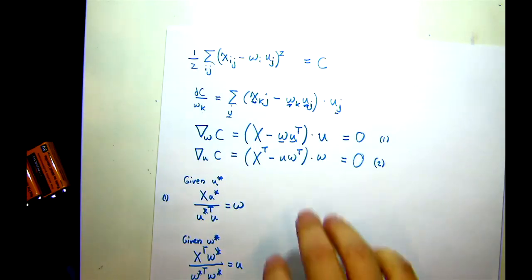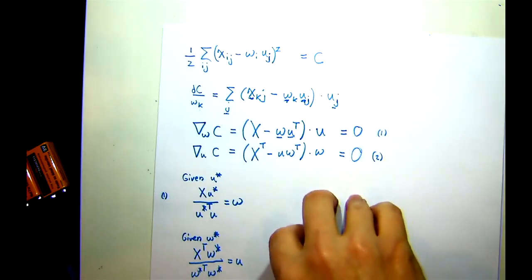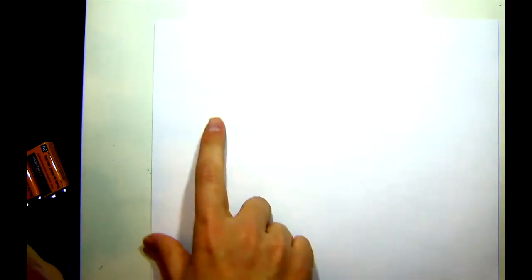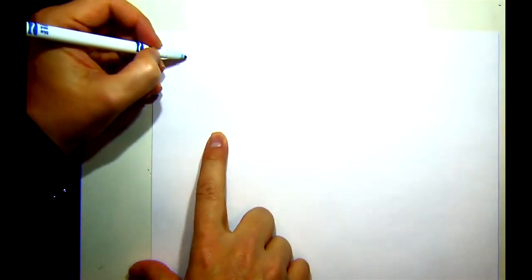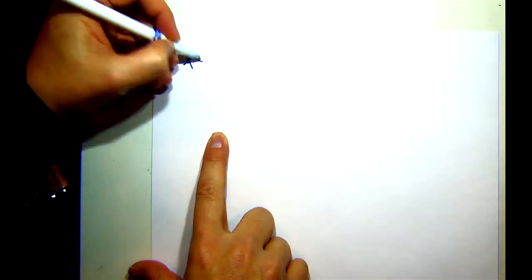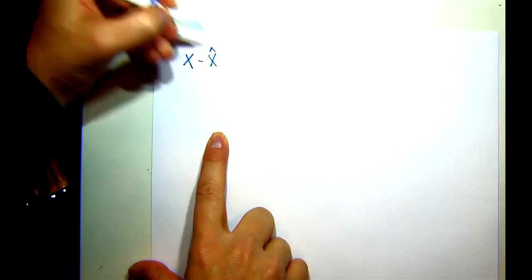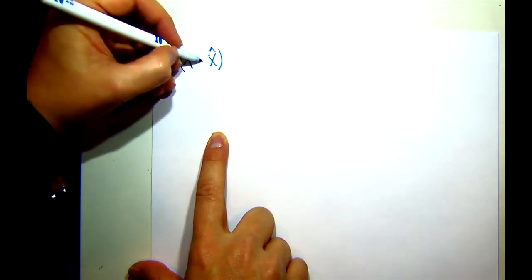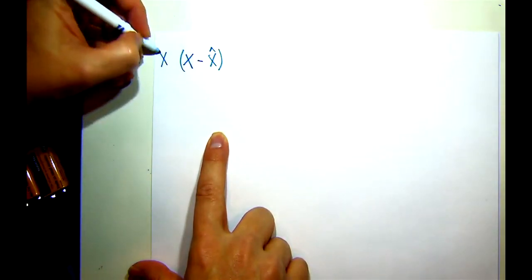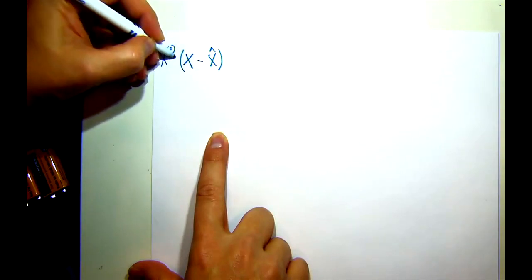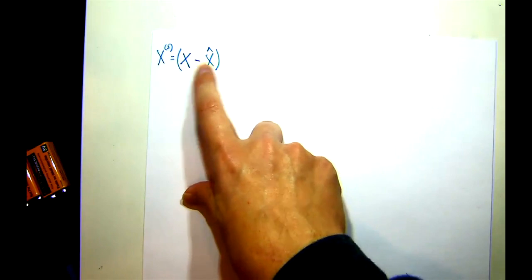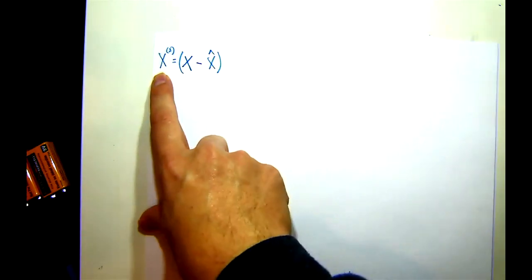For the next one, we take x and subtract out the estimate from the first principal component, and we get some x2.